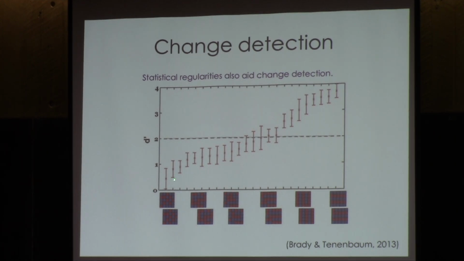And what they showed was that the ability to detect changes, here measured by D prime, increases with the amount of regularity in the displays. So if, for example, the displays consist of these lines of colored dots, then it's very easy to detect changes. But if the dots are just randomly arranged, then it's very hard to detect changes.